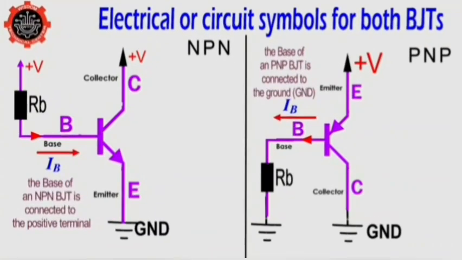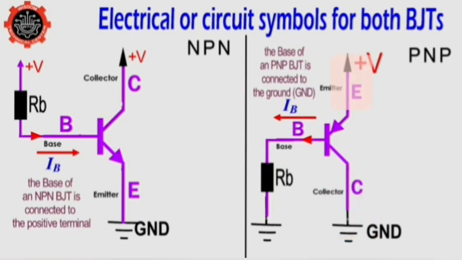Now for an NPN transistor, the emitter is usually connected to the ground or GND. And for a PNP transistor, the collector is typically connected to the ground.